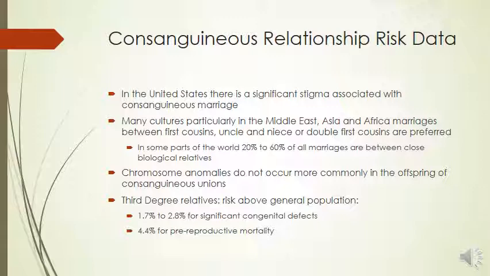Chromosome anomalies do not occur more commonly in the offspring of consanguineous unions. If we look at third-degree relatives, the risk above the general population is 1.7 to 2.8% for significant congenital defects, and it is 4.4% for pre-reproductive mortality.